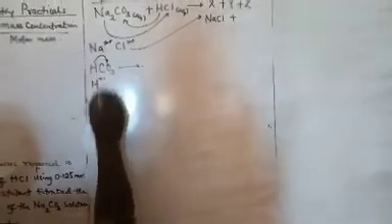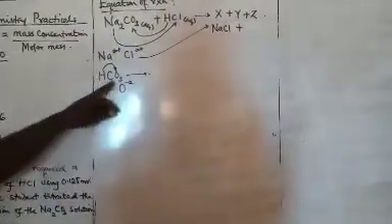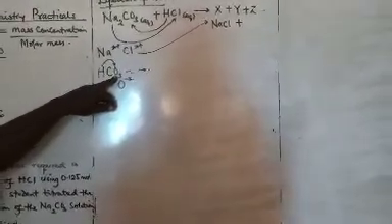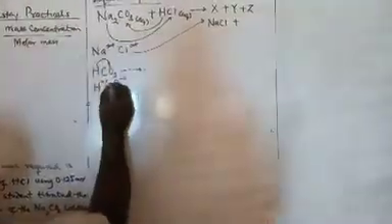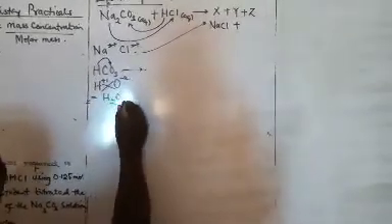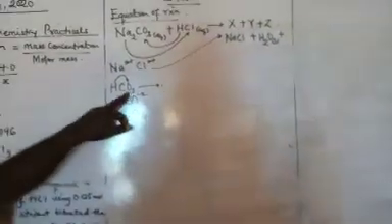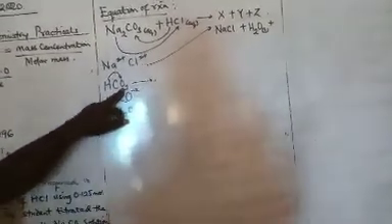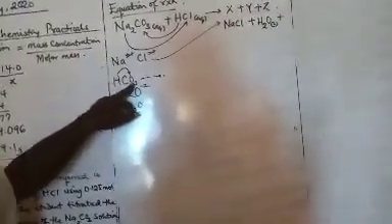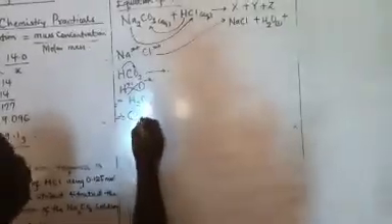Hydrogen is +1 and oxygen is carrying a charge of -2, so it picks one atom from the 3 atoms of oxygen you have here. The charges are not the same, so they interchange, and what do you have here? Water. So water comes in here as H2O, liquid. Then plus, what are you left with? Now you have removed one atom of oxygen from the 3 atoms of oxygen, so you are left with 2 atoms of oxygen. So you are left with CO2, which is a gas.